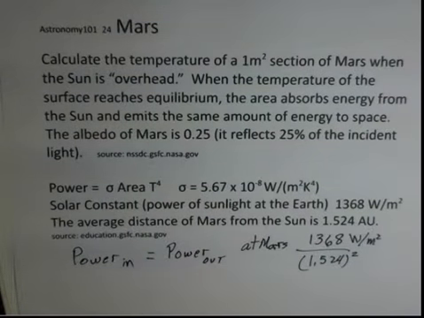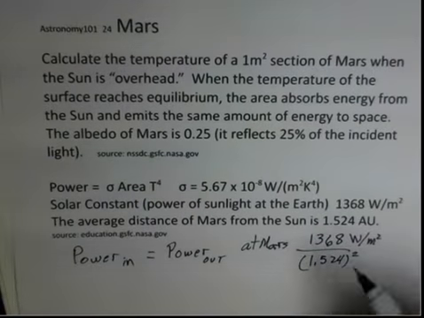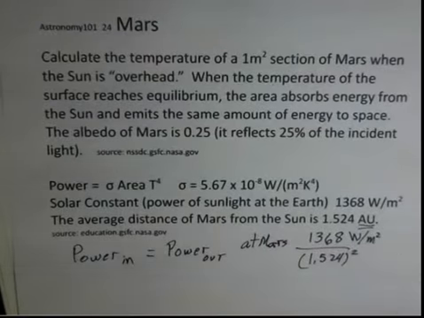The area of the sphere is larger, and we're going to get a smaller number for this solar constant at Mars. The proper way to do that is to simply divide by the distance to the planet measured in astronomical units, square that value, and you'll get the power available at Mars.